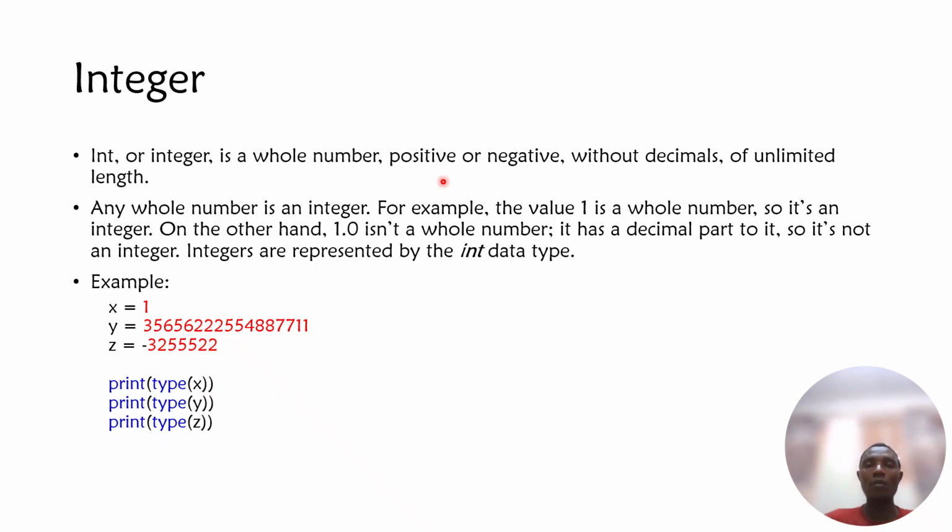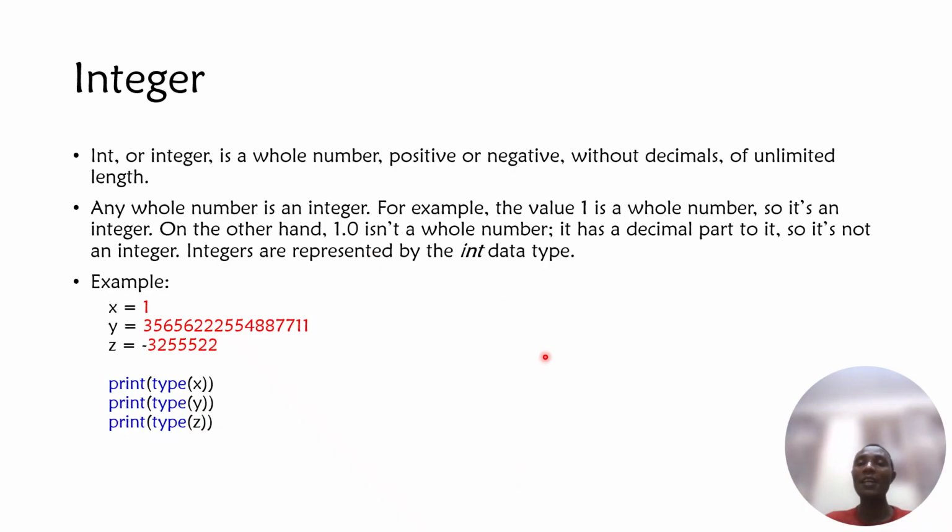You can have a whole number which could be positive or negative, and this doesn't have decimals. Any whole number is an integer. So for example, 1 is a whole number, so it's an integer. On the other hand, 1.0 isn't a whole number.